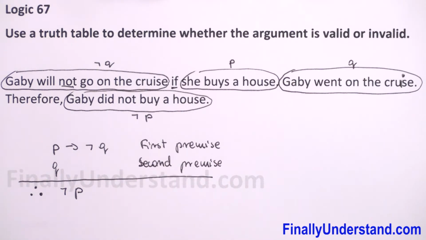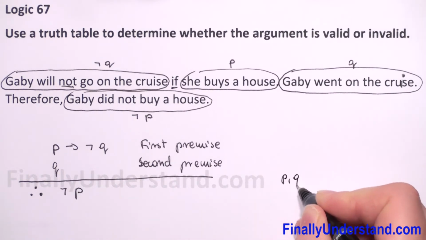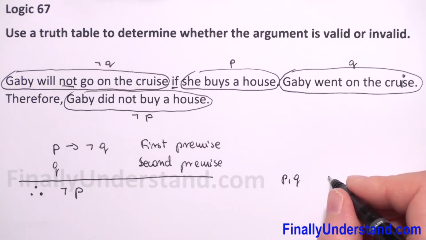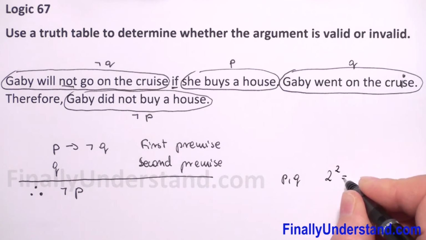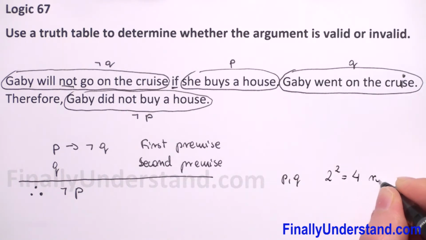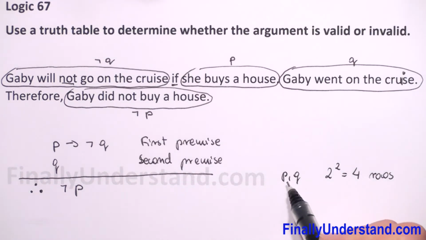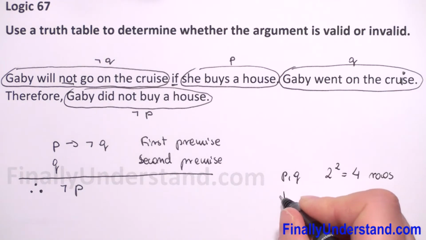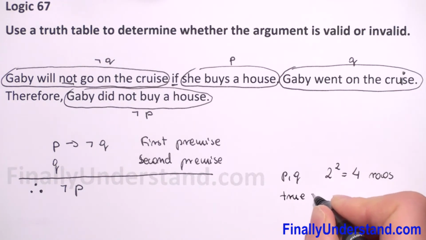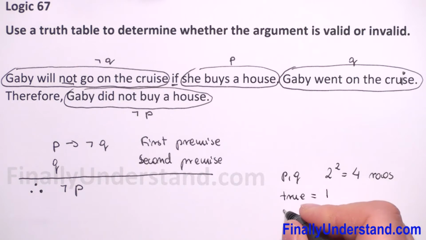Now we have only P and Q simple statements. So we will have 2 to the second power. It means we will have 4 rows, 4 combinations, because P can be true or false, Q can be true or false. I use 1 for true and 0 for false.